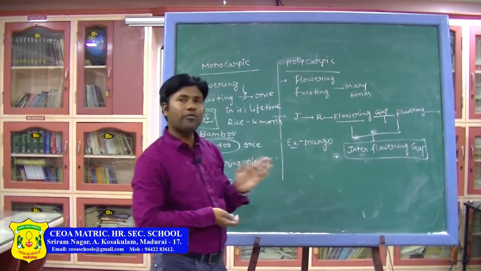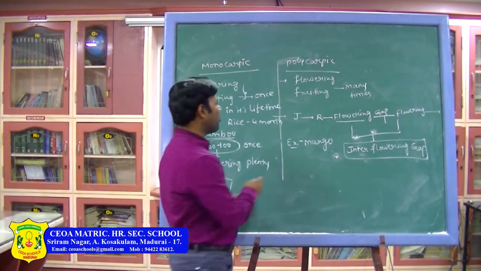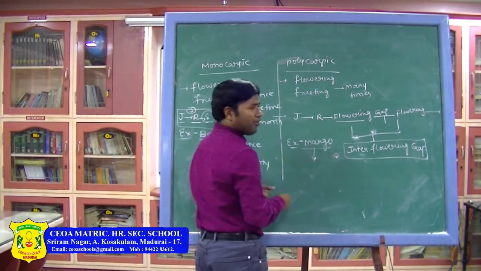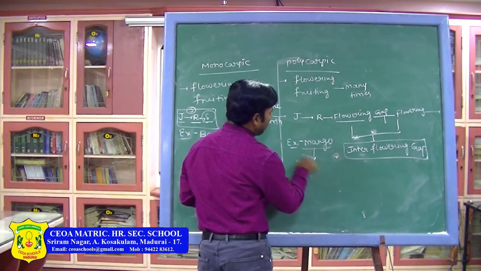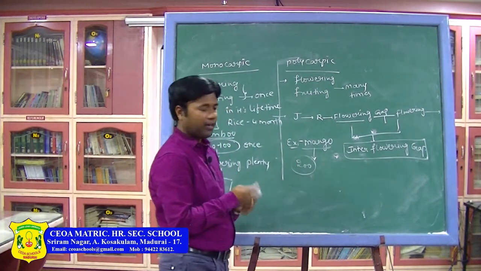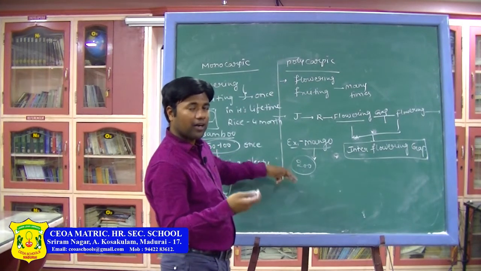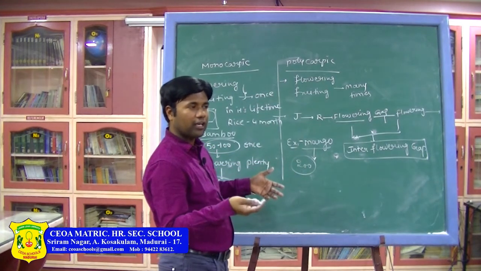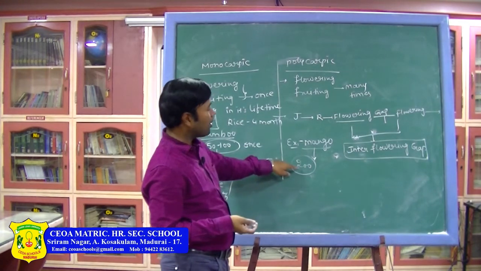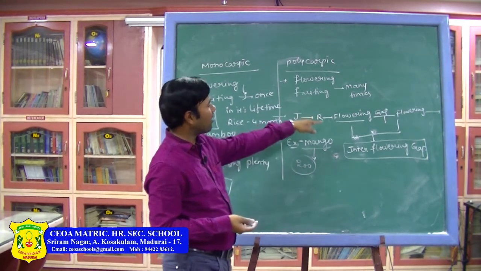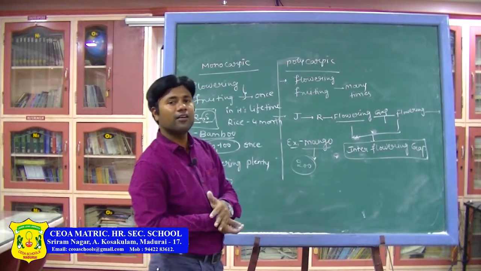Like this, every year in its lifespan. What is the lifespan of the mango? 200 to 300 years. So 200 years in its lifespan means, for example, 100 to 150 times, we cannot say exactly. So 100 to 150 times it has flowered and given fruits also.